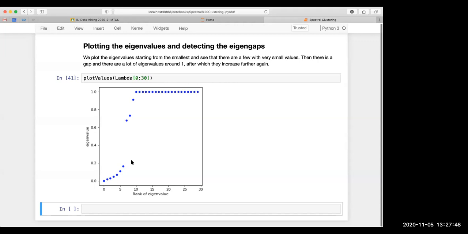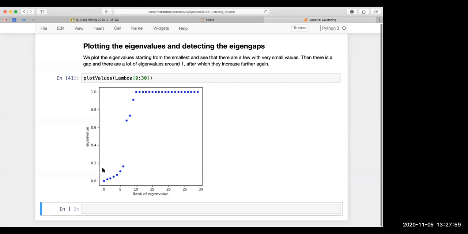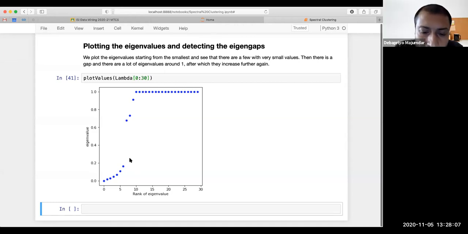Sir, this eigenvalue is less than 0.2, right? The one we are considering. So does this number give a quality of the clustering or that kind of thing? That actually I don't know.